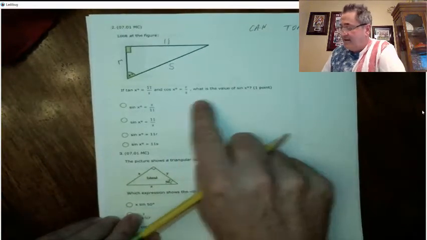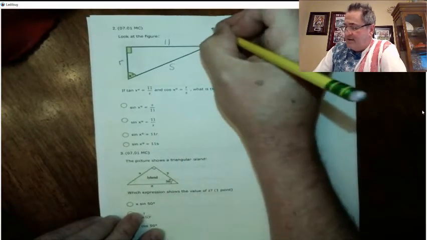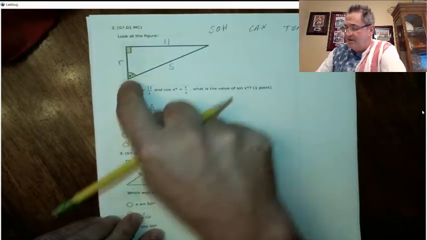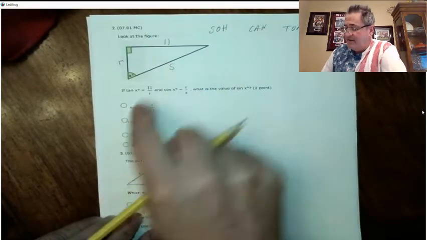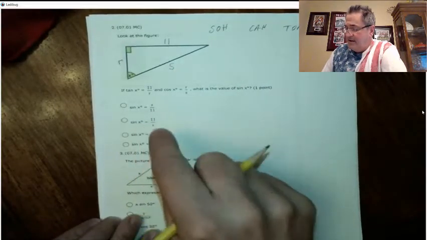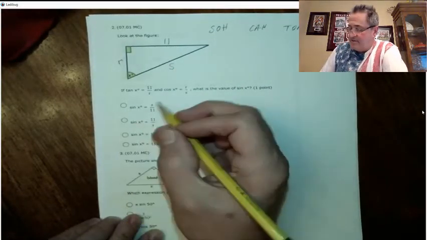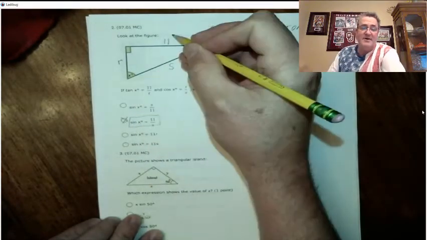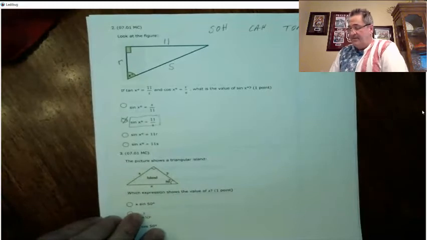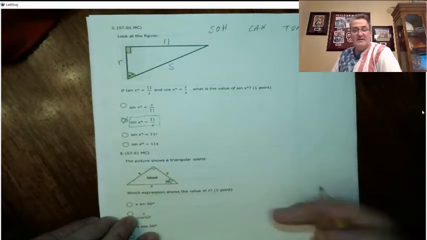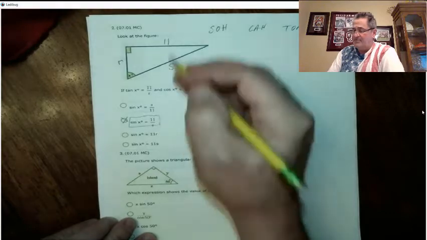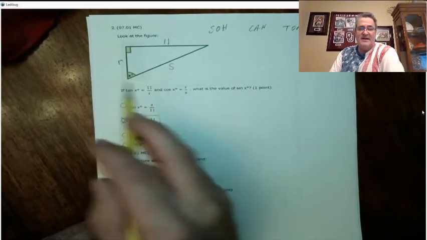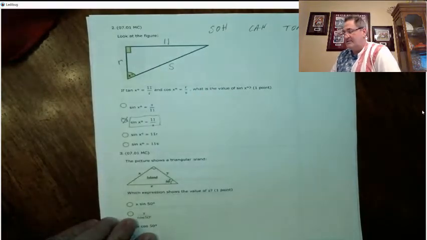What is the sine? Remember, sine is opposite over hypotenuse. That's 11 divided by s, 11 over s. We just had to fill in the sides based on what they told us. They told us what the tangent and the cosine are, so that tells us the side lengths. We just fill them in.